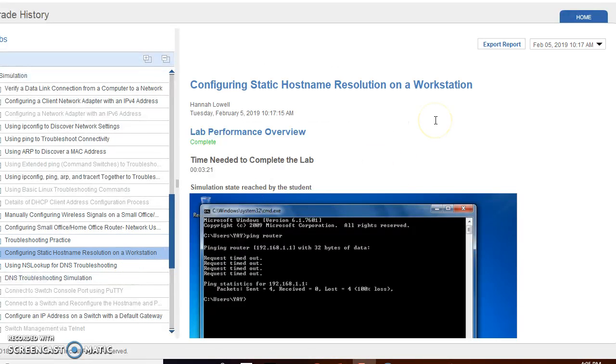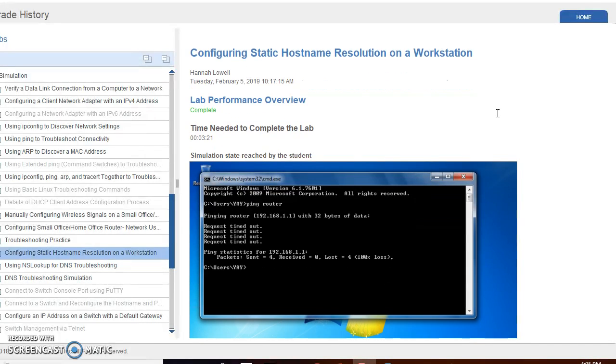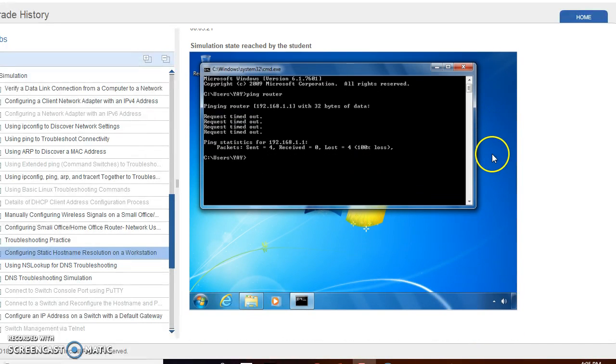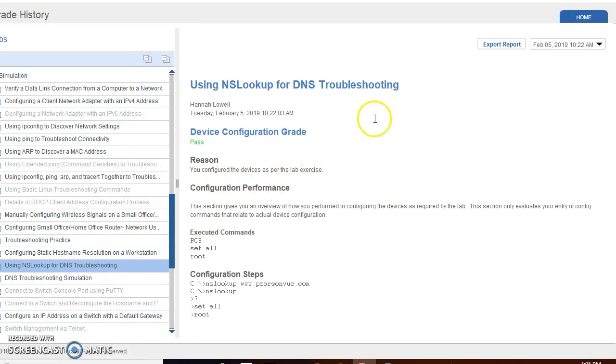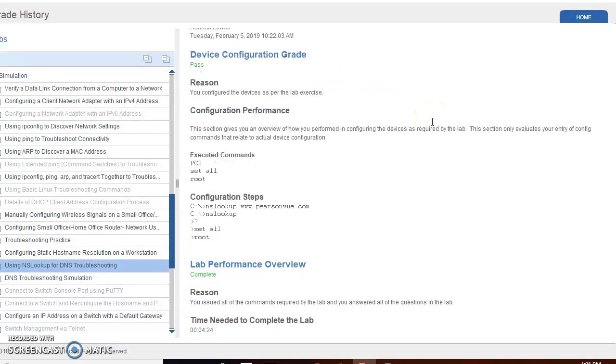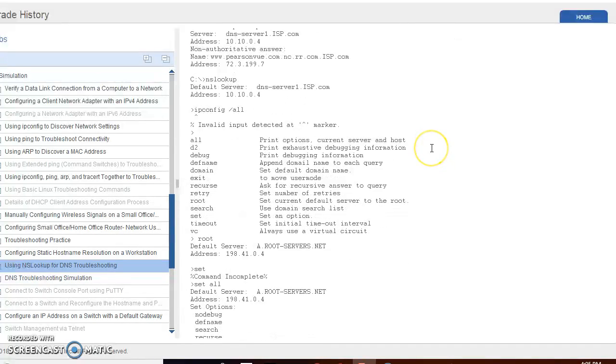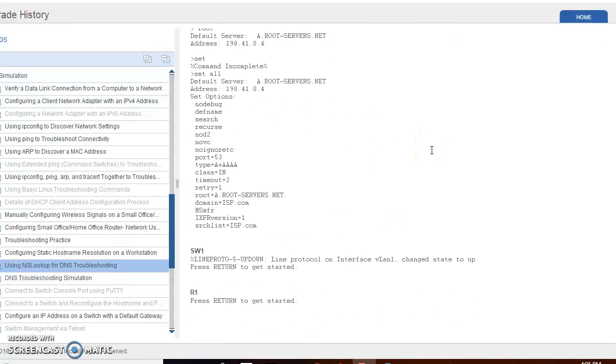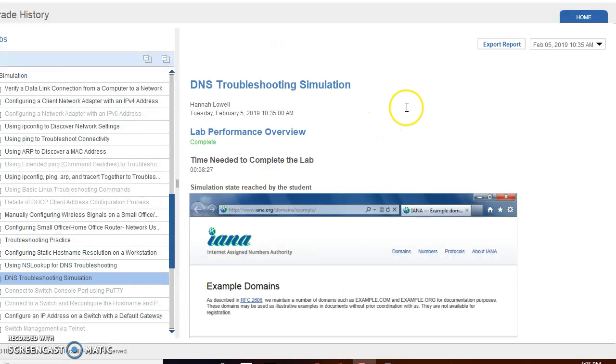We have configuring static hostname resolution on a workstation. We have using NSLOOKUP for DNS troubleshooting. We completed the DNS troubleshooting simulation.